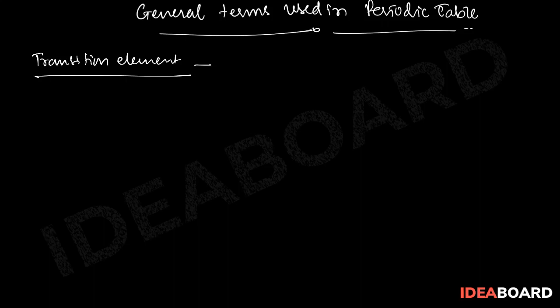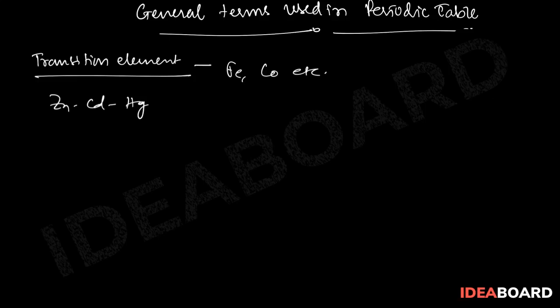They are generally the elements present in group 3 to group 12, and the best examples are iron, cobalt, etc. There are a few elements like zinc, cadmium and mercury which do not follow this rule. Actually, they don't have a partially filled d orbital or d subshell in the ground state or in the excited state, still they are kept in the D block for the sake of convenience.